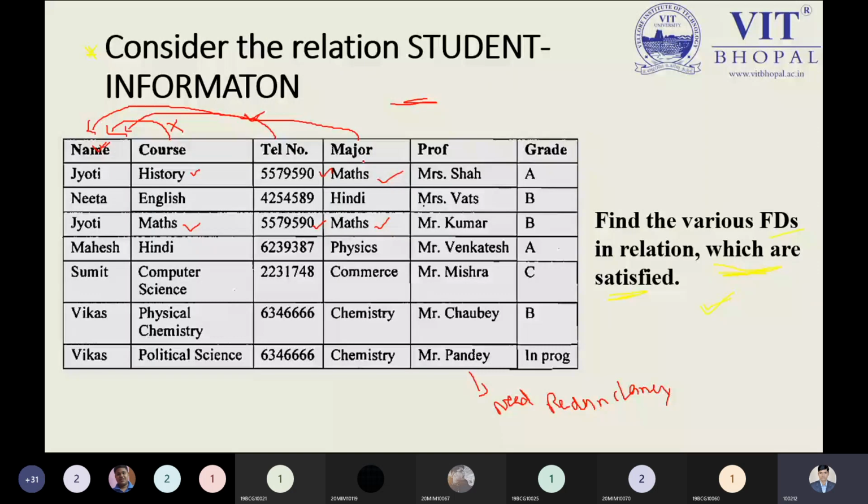Now, is it true? Tell me yes or no. Yes, sir. Okay. When talking about the other point over here, can grade depend on the professor or depend on the student name?